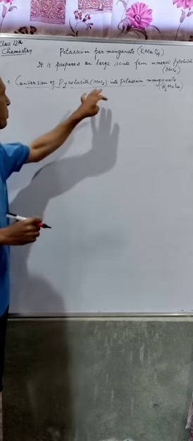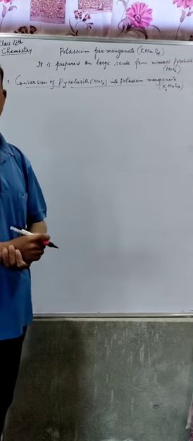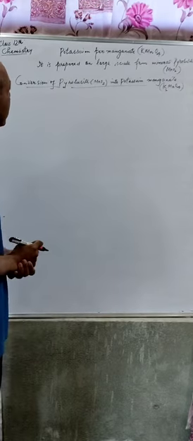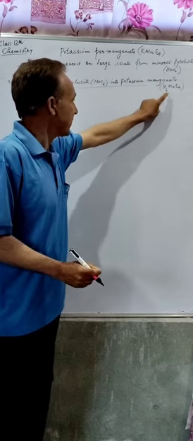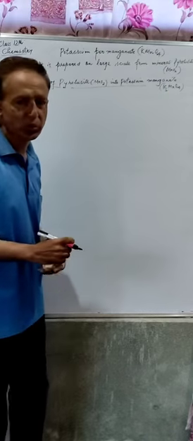So what is done first? We take this pyrolusite and we convert it into potassium, not permanganate, potassium manganate, that is K2MnO4.